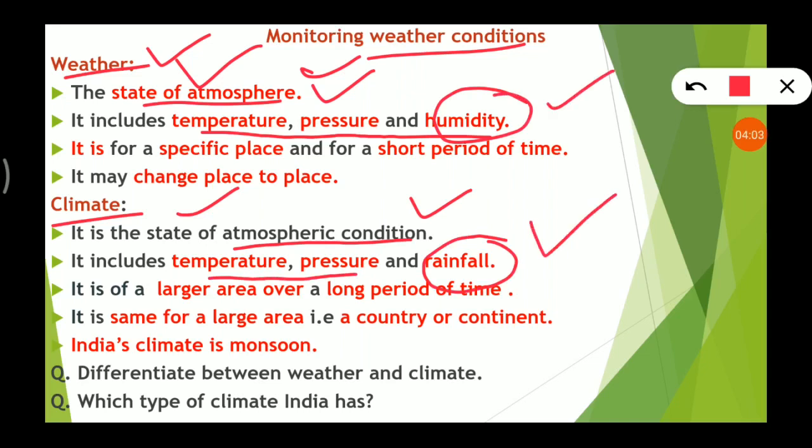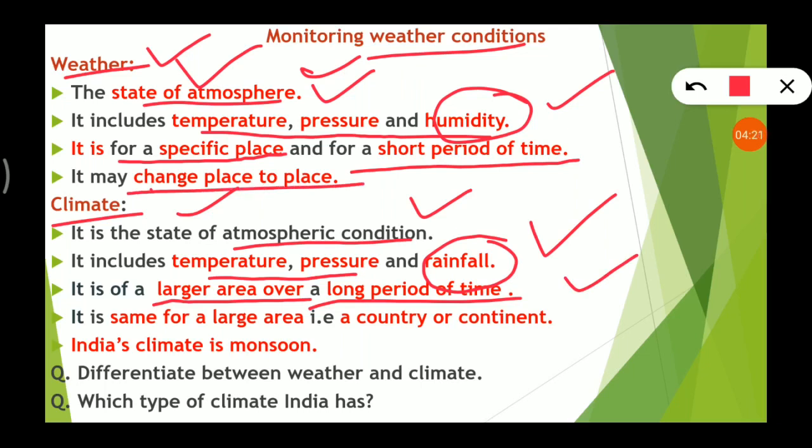And this is the most important: weather is for a specific place and for a short period of time, and climate is for a larger area and over a long period of time. And weather may change from place to place. Suppose in Kangu it is raining, but it is possible in Hamirpur there will be sun.